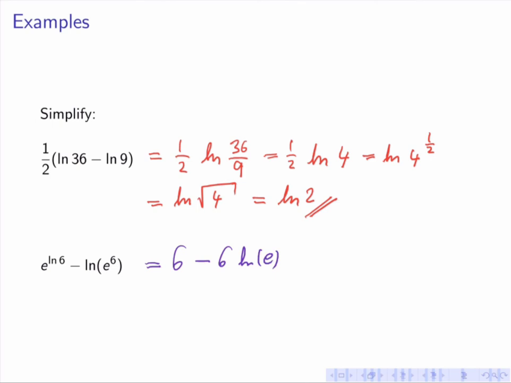This is then equal to 6 minus, now the ln of e, this is the exponent so that e to the something is equal to e. Well, this exponent is 1. So ln of e is equal to 1. And so then here we get 6 minus 6, which is 0. So the term in front actually simplifies to be equal to 0.